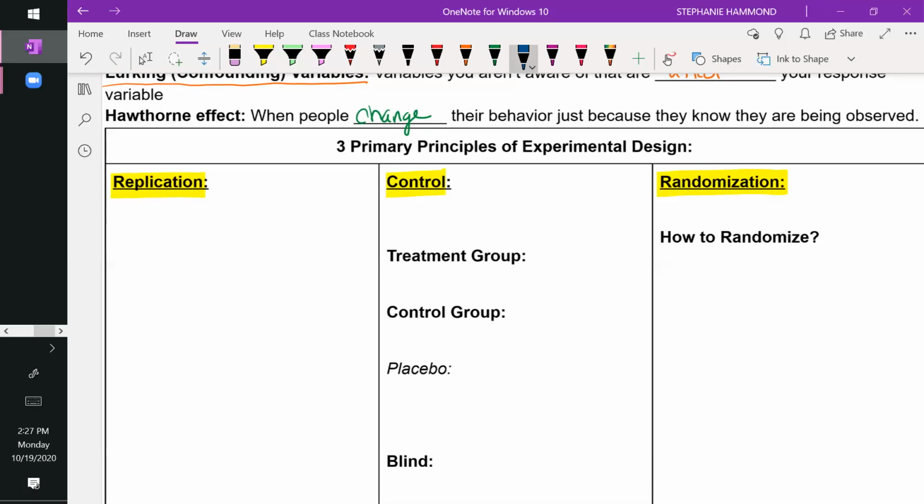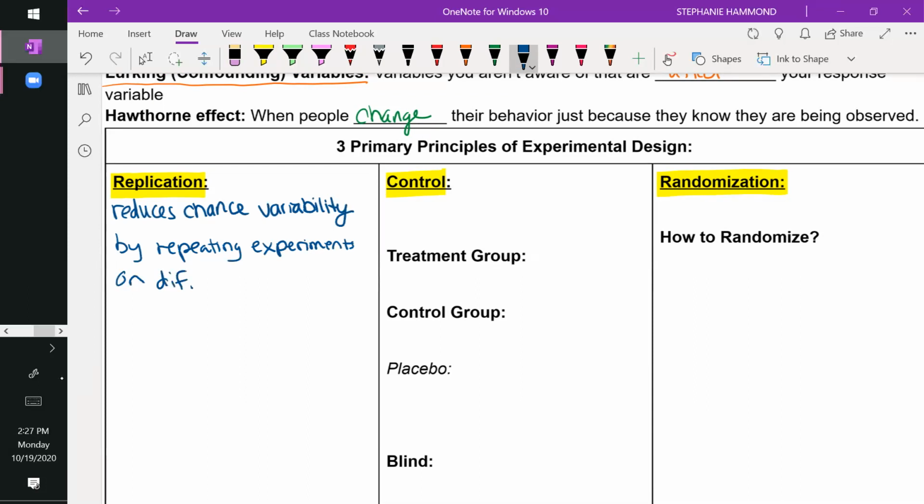It reduces chance variability, which is the random chance that you get a certain response, by repeating experiments on different subjects or under different conditions.